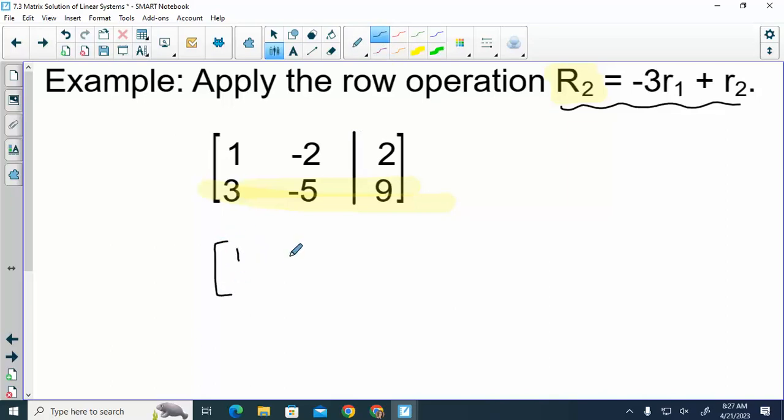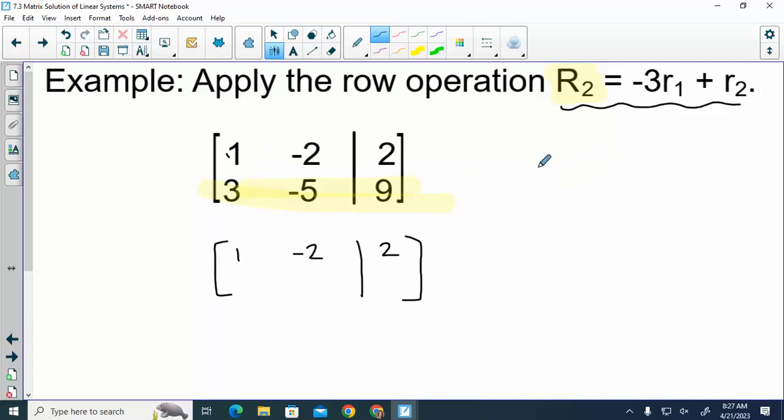So row 1 is not changing. But I am going to replace the second row with something. And here's what I replace it with. Negative 3 R1 plus R2. What do you think that means? Negative 3 times the first row plus the second one.